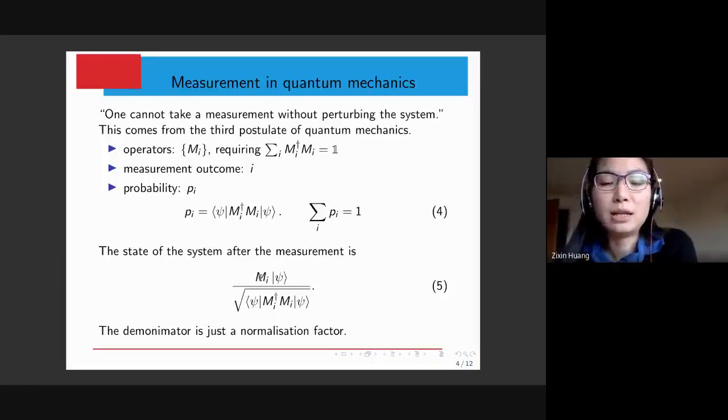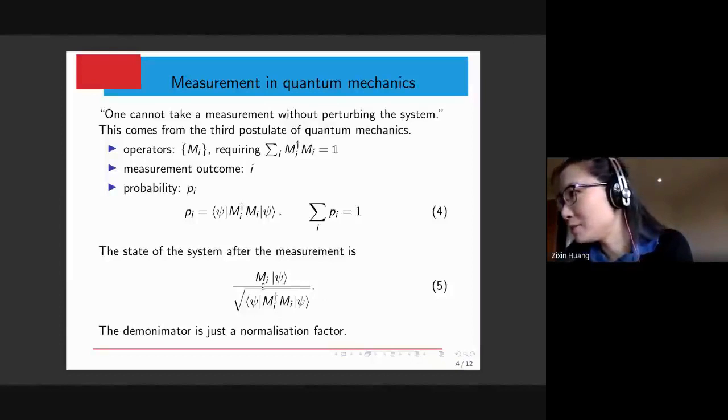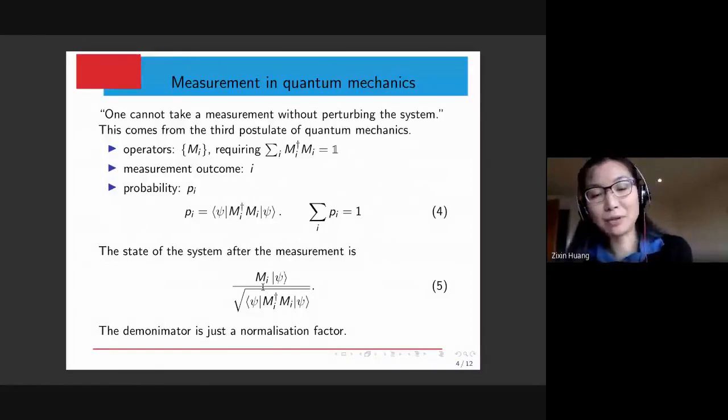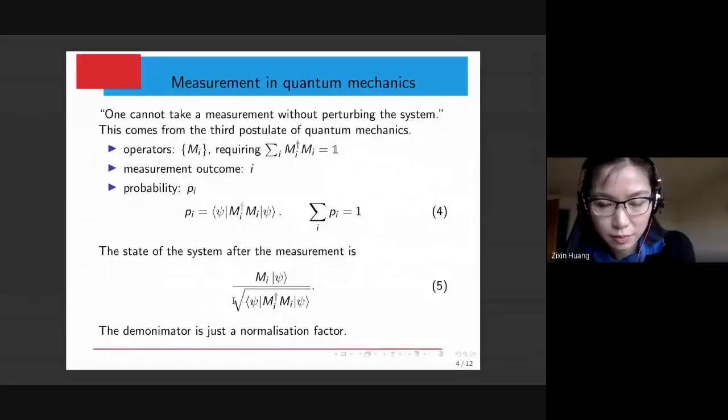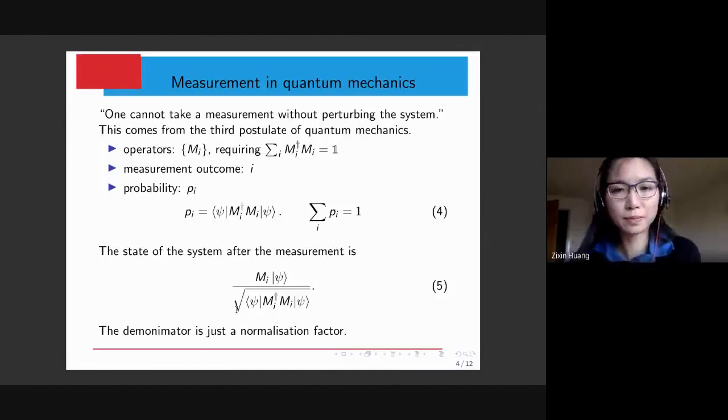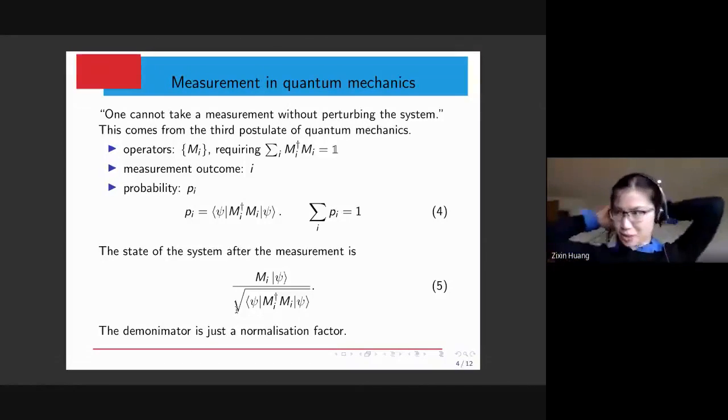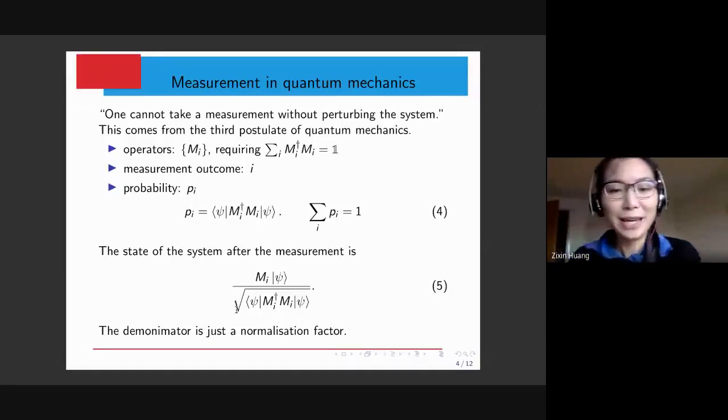This means that if you act on the quantum state with this operator, you might change the amplitude of the state, and the denominator simply turns the vector back into something of norm 1.